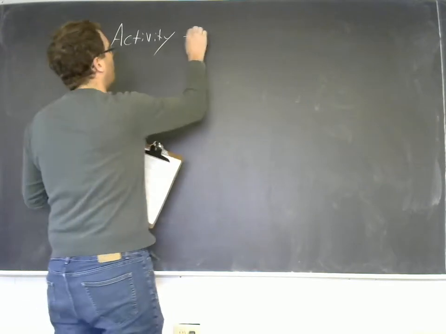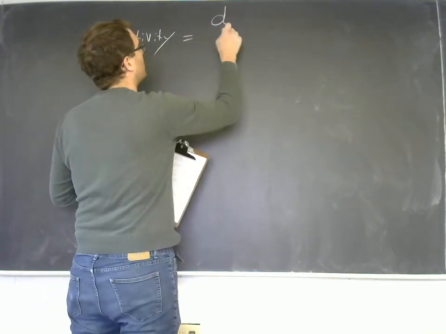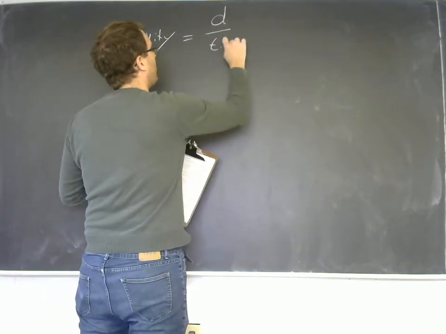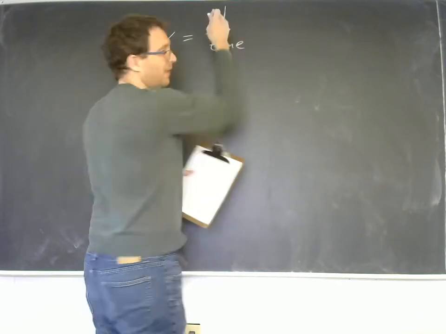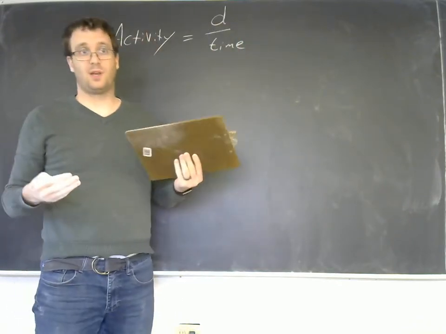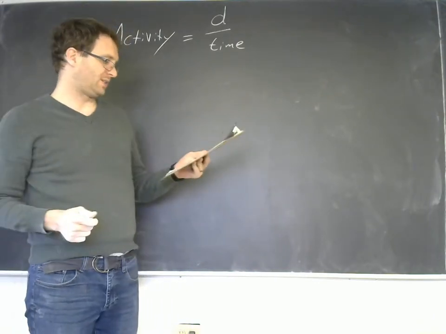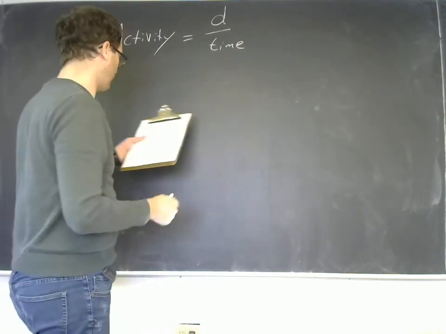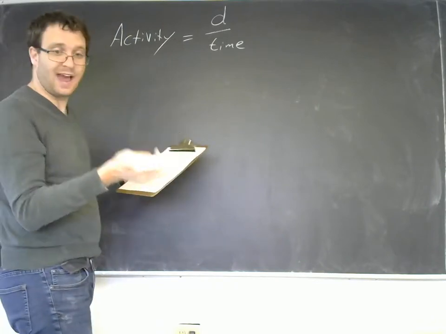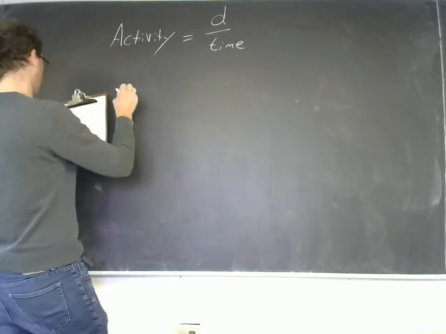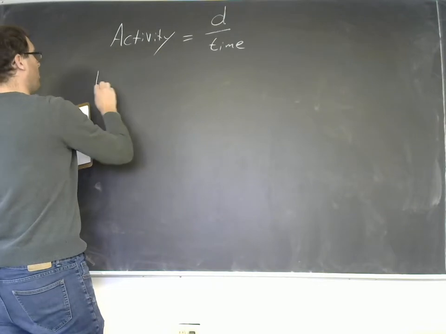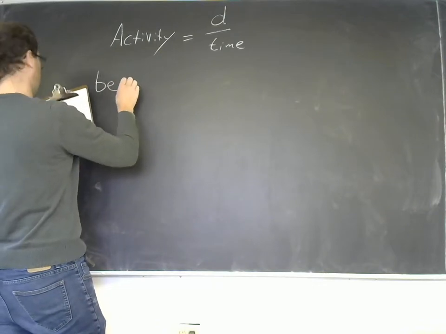And what it is is disintegrations per unit time. The disintegration is just a radioactive decay event. And so activity is kind of general, but we have an SI unit of activity, that is the becquerel. I need to make sure I spell this correctly. BECQUEREL.